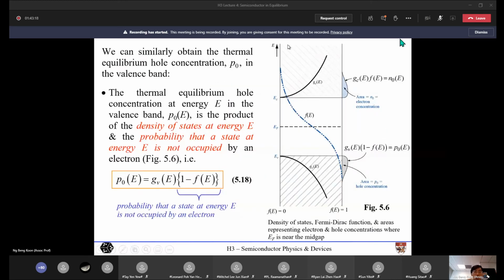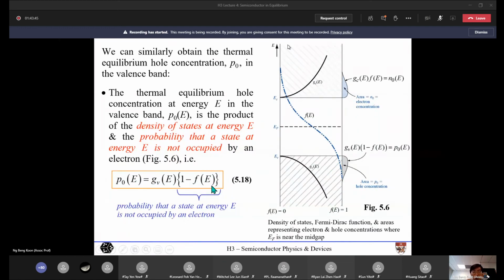Similarly, if you want to find the number of holes in the valence band, we carry out the same approach, but we need to modify a little bit. In the case of holes, we multiply the density of states with the probability of finding holes in the valence band. The probability of finding holes in the valence band is simply 1 minus f of E, where f of E is the probability of finding an electron.